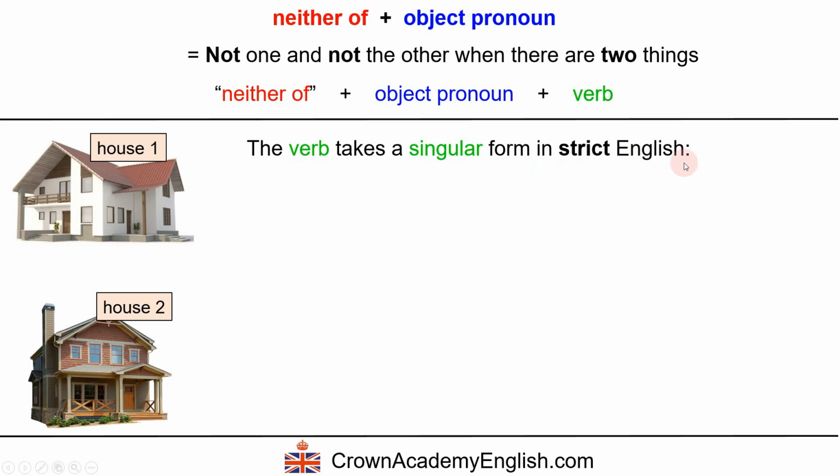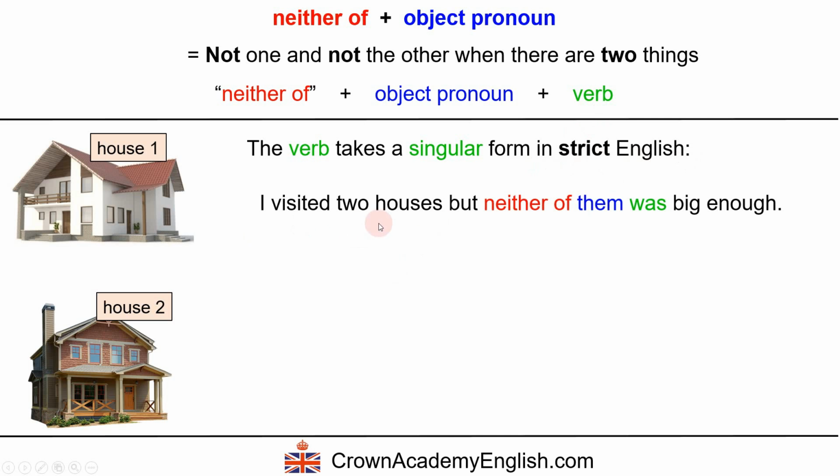Okay, so in strict grammar, the verb is in the singular form. Example: I visited 2 houses, but neither of them was big enough. Neither of them was big enough, because was is the third person singular of the verb be in the past tense. Okay, so neither of them, this is the object pronoun, and the verb in the singular form in strict grammar, okay, with strict English.